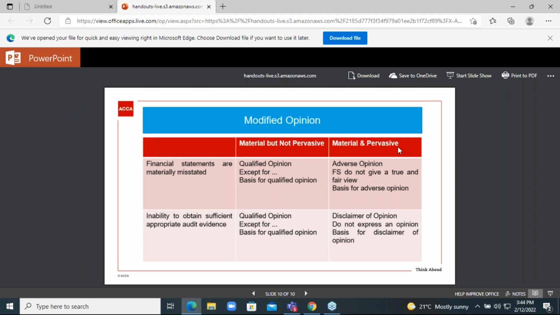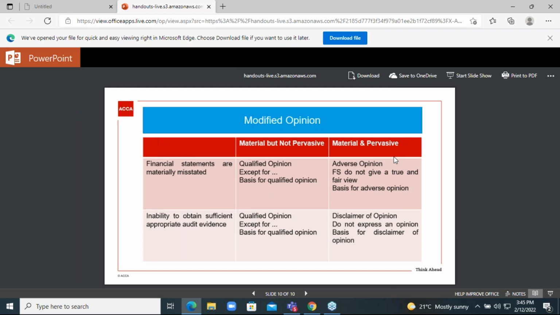What is a pervasive misstatement? A pervasive misstatement means very material misstatement. A misstatement that is very material is called pervasive. Now we are aware that there is a threshold according to ISA 320 that anything above 5% of the profit will be material.